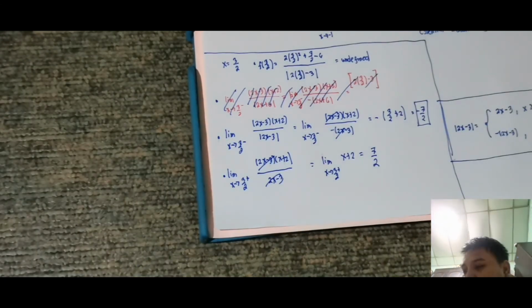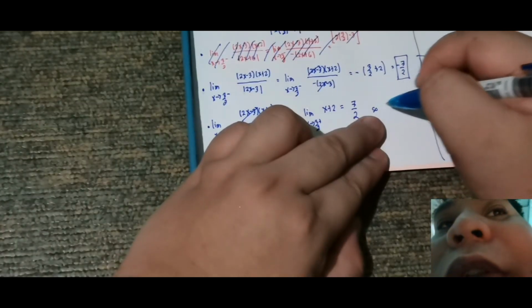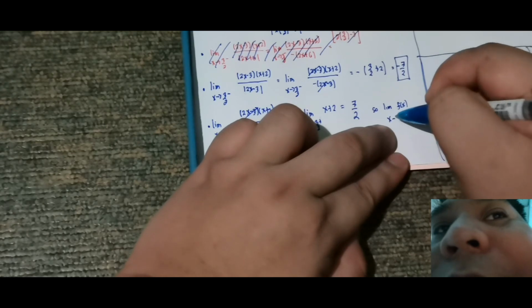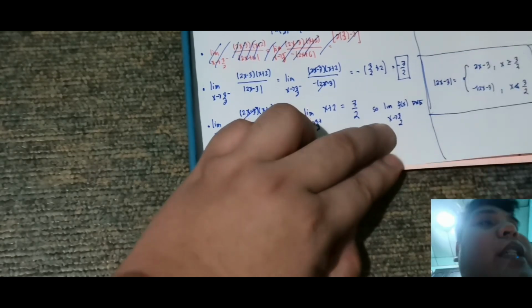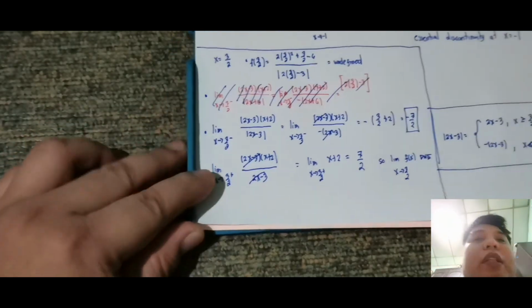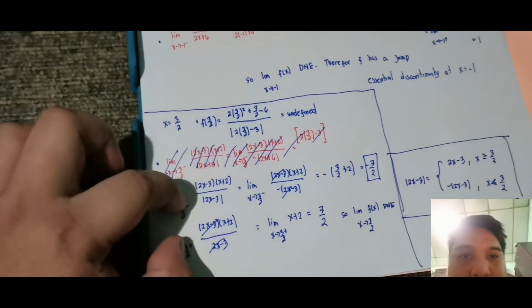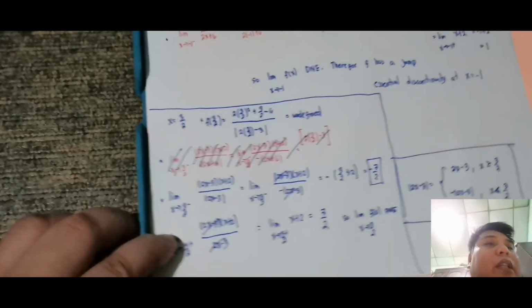Okay, so kung napansin mo, hindi equal. Tama, hindi equal, hindi nag-exist yung limit. Okay, so limit of f of x as x approaches 3/2 does not exist. Okay, since do not exist siya, ngayon, anong nangyari? Undefined yun, do not exist siya. Tapos hindi equal yung left and right. Since hindi equal yung left and right, ano tawag ba hindi equal?